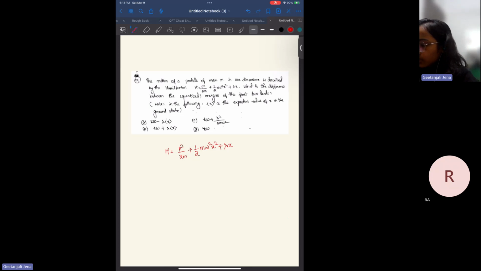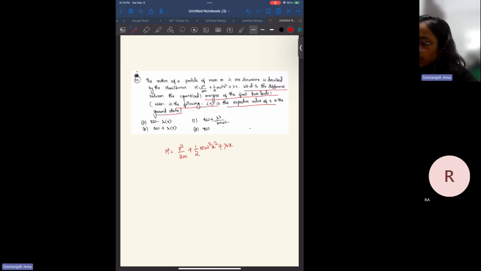Now it is asking what is the difference between the quantized energies of the first two levels. Note that in the following, x is the expectation value of x in the ground state.